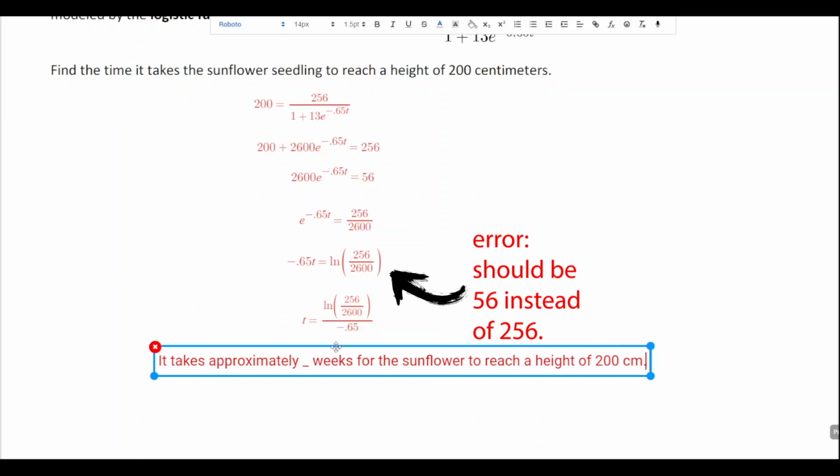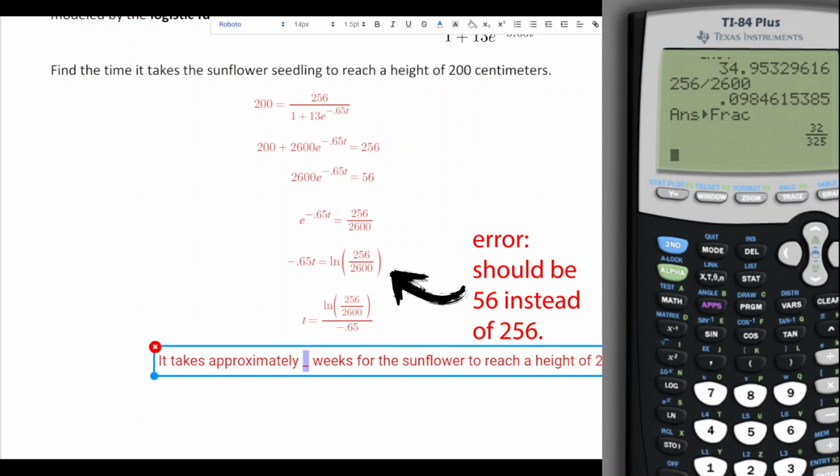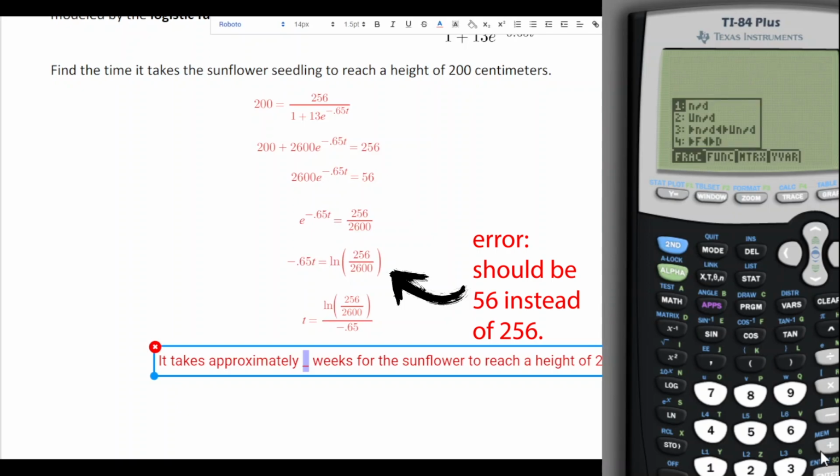And this I'm going to fill in by typing in this statement right here into the calculator. So let's pull that calculator back up. I'm going to make a nice little fraction here with the numerator being the natural log of another fraction, 256 over 2600, divided by negative 0.65.